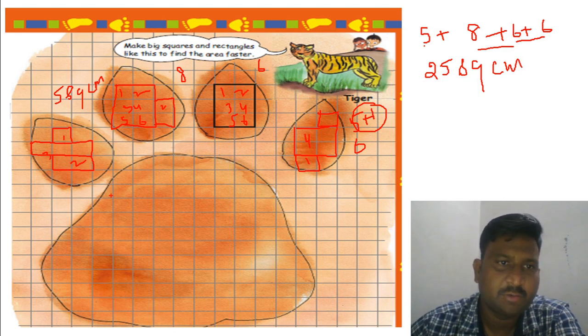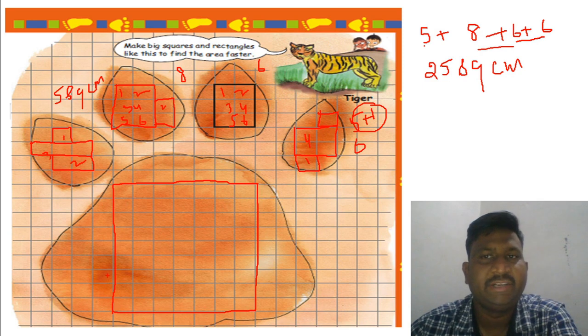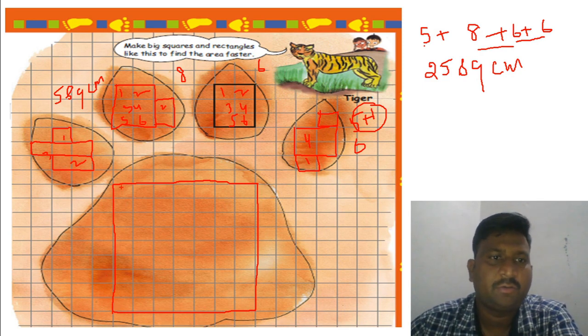Okay. Now see this. How many complete squares are there? Starting from here. This box has complete squares. So let us count how many are these. 1, 2, 3, 4, 5, 6, 7. 1, 2, 3, 4, 5, 6, 7, 8, 9.